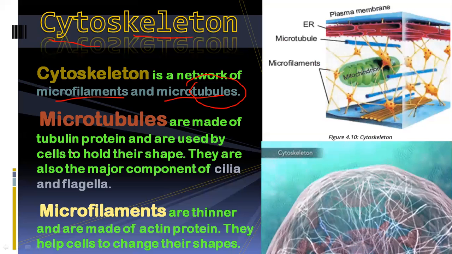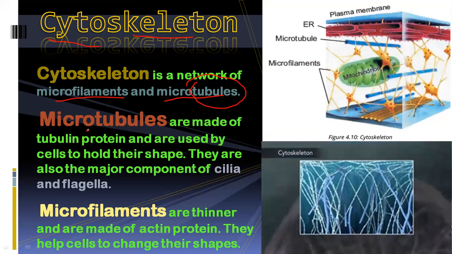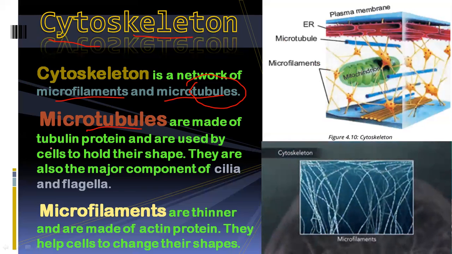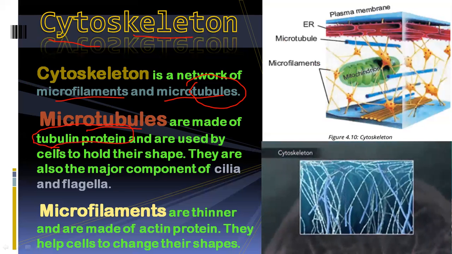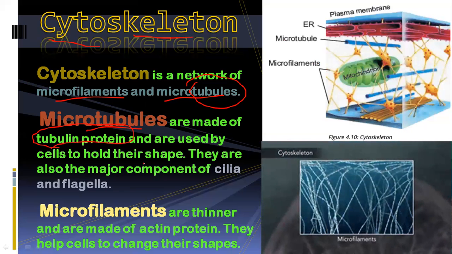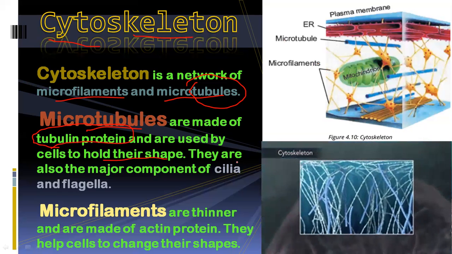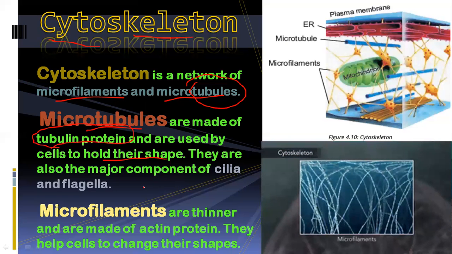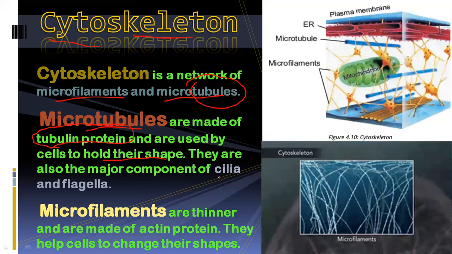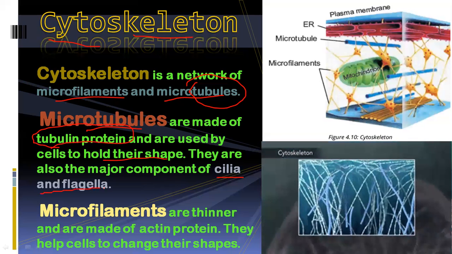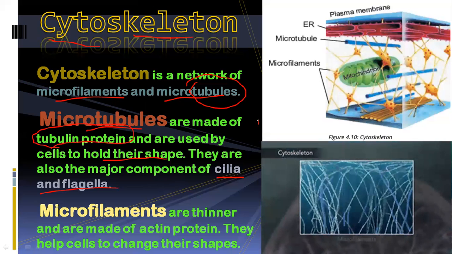Microtubules are made up of tubulin protein, the protein which makes tube-like structures, and they hold the shape of the cell, giving shape to the cells, and they are also present in cilia and flagella.